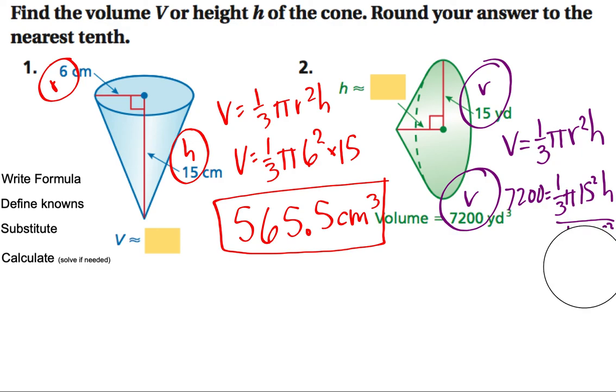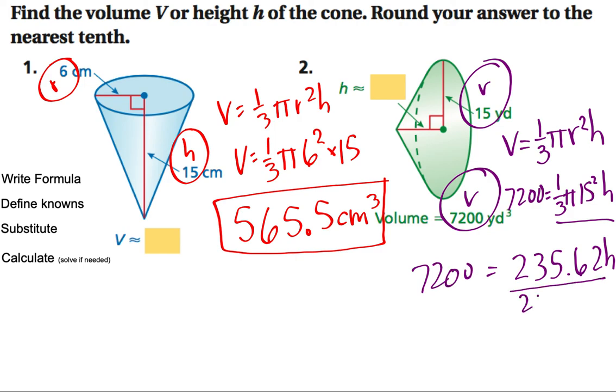If you're uncomfortable with that, you would just do 1/3 pi 15 squared on your calculator and get an approximation for that. It's about 235.6. I'll go another decimal place, 235.62. And that times h is 7,200.